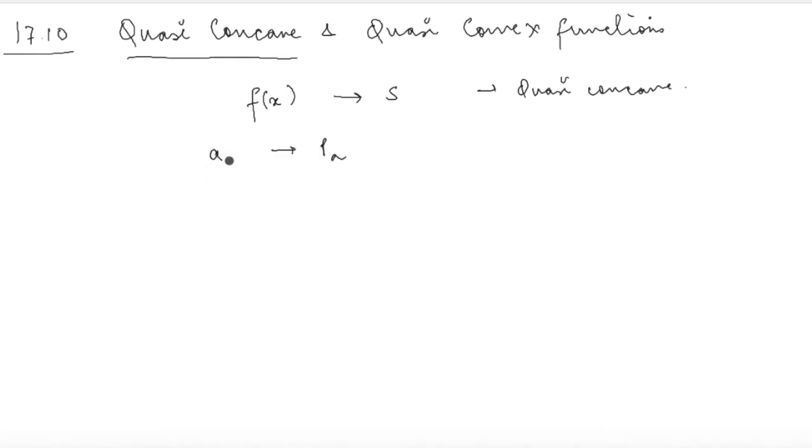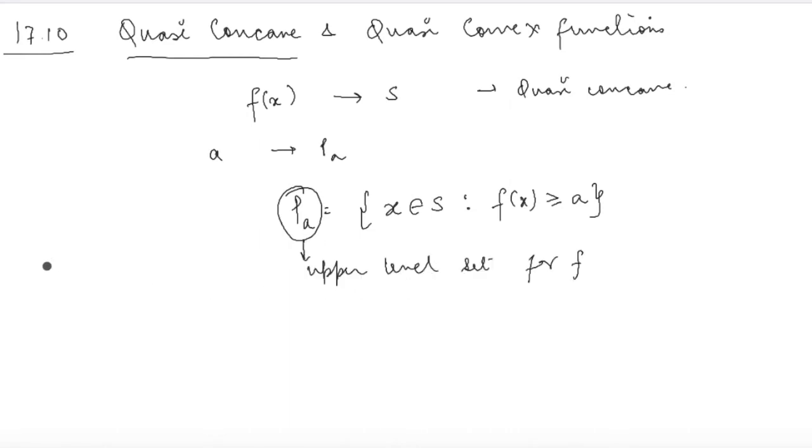So for every real number a, another subset of set S, PA, is defined as follows. PA comprises all x belonging to S such that f of x is greater than or equal to a. This PA is called the upper level set.